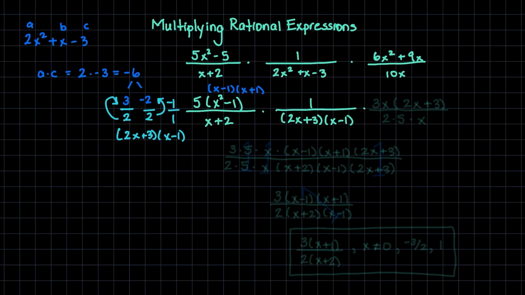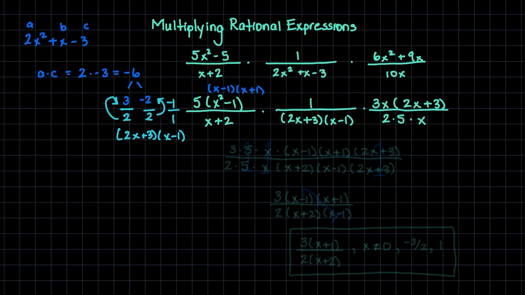I can factor out a 3x, and I'm left with 2x plus 3, all over 10 factors to 2 times 5 times x. Let's multiply everything together.